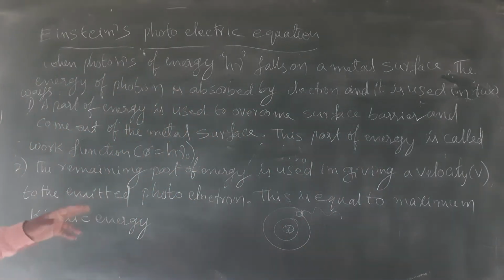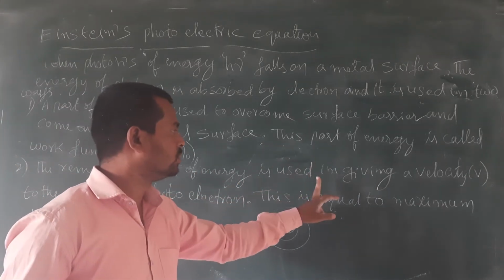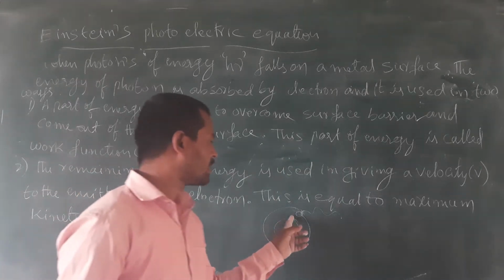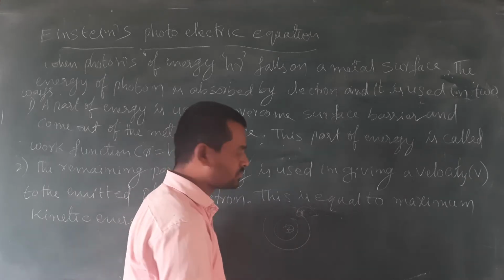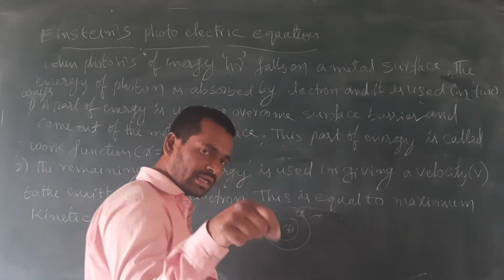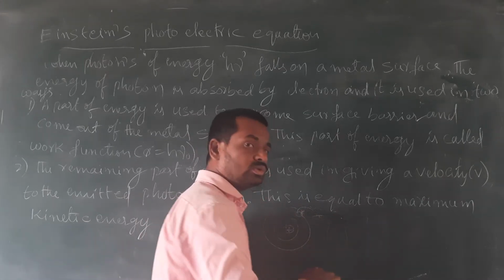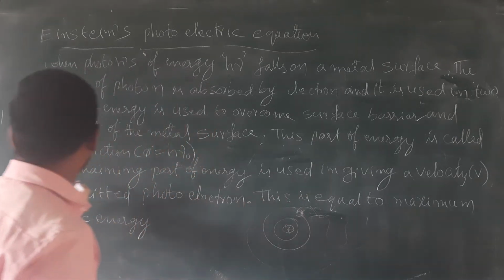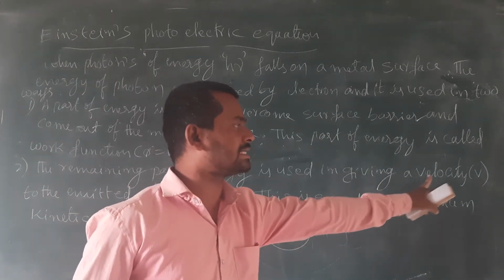Next, the remaining part of energy is used in giving velocity. When the electron comes outside of the atom, it cannot stay at the same point. It starts moving throughout the metal. So the remaining part of energy is used in giving velocity v.